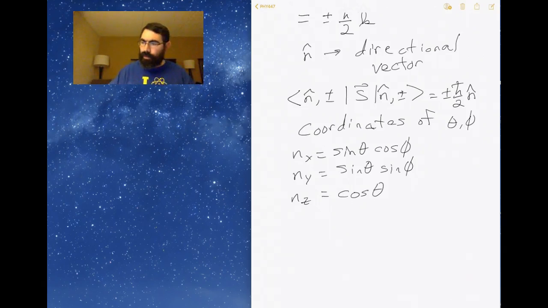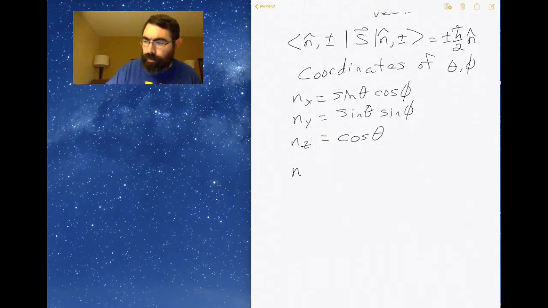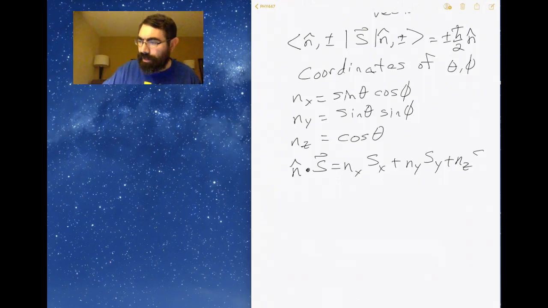And so now I can write out the product of the direction times the spin, which is n sub x s sub x plus n sub y s sub y plus n sub z s sub z.